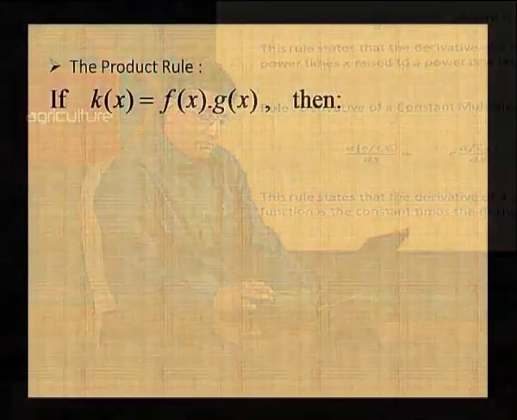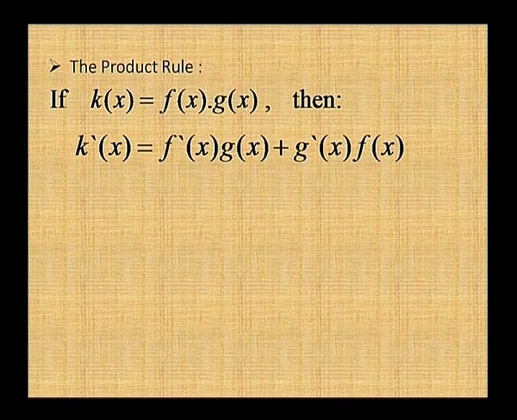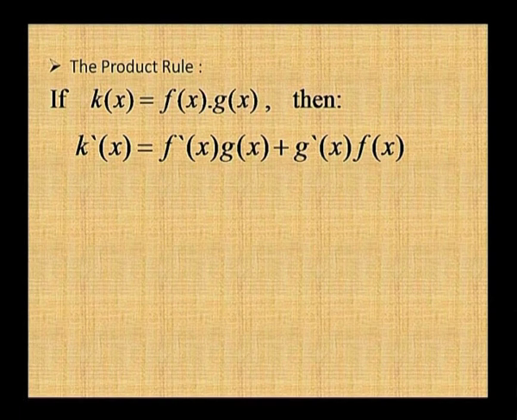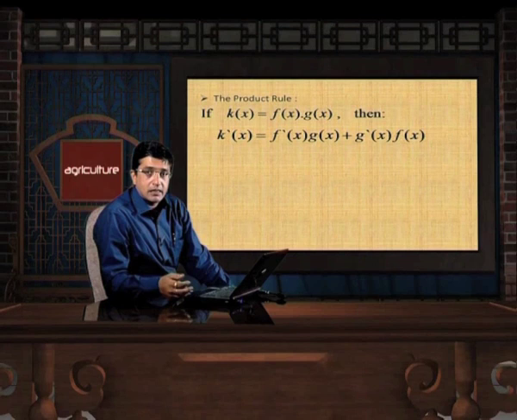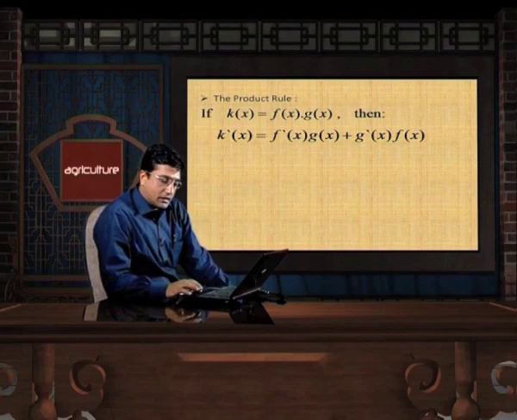The product rule. If a function k(x) equals f(x) multiplied by g(x), then k dash x, the derivative of k with respect to x, is f dash x g(x) plus g dash x f(x). In words: first differentiate the second as it is, plus second differentiate the first as it is.